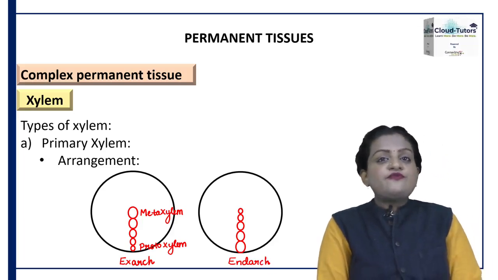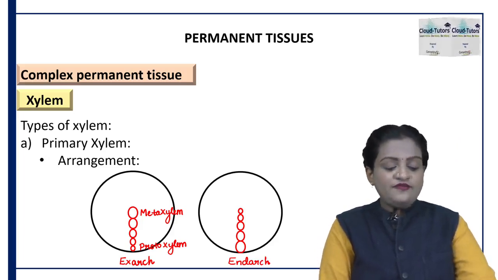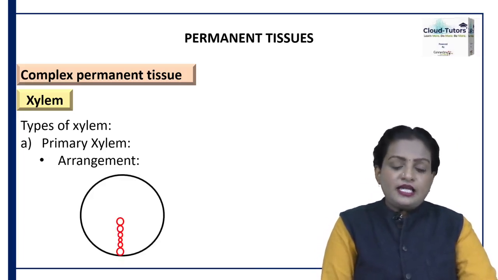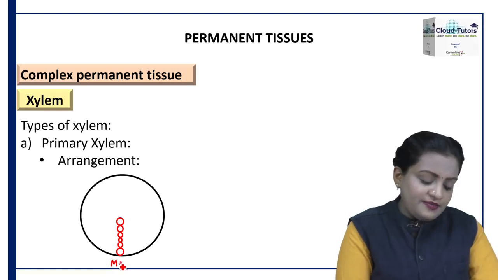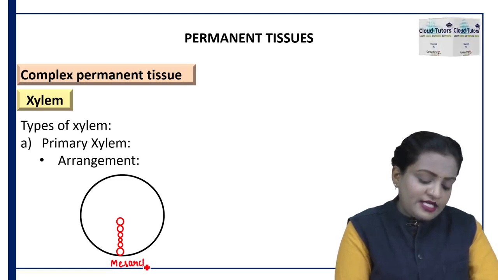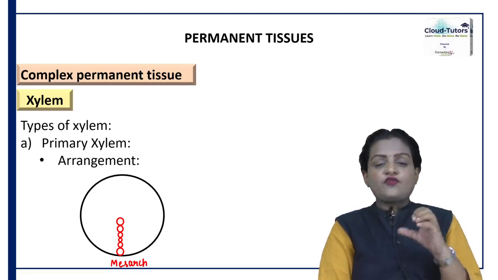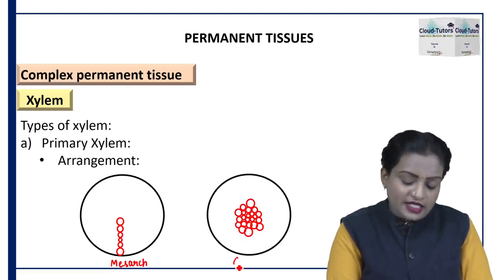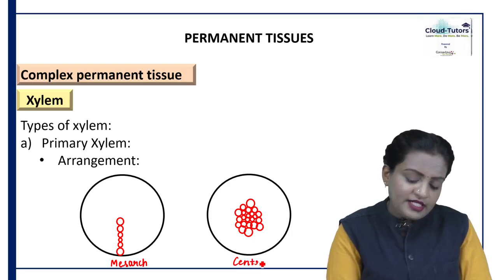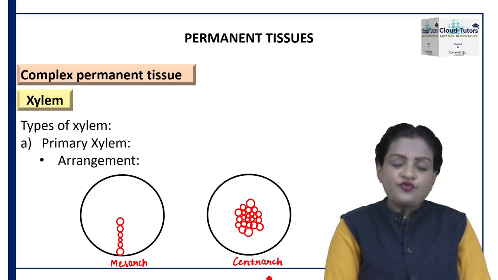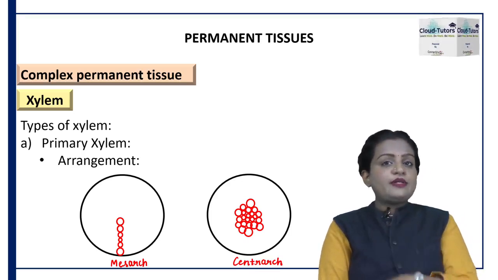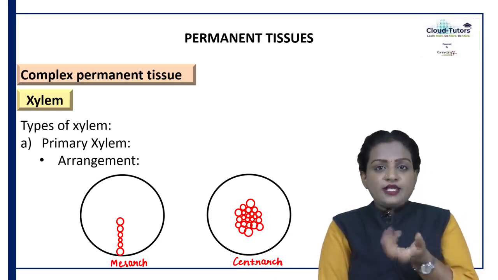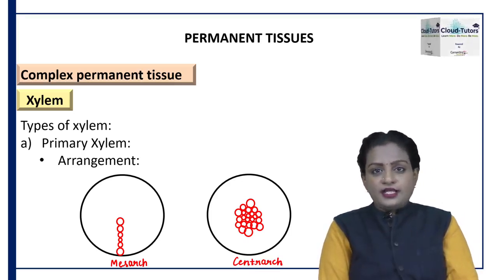Apart from this, in very few members of angiosperm plants, we can also see the other types, that is mesarch, wherein metaxylem is found on either side of the protoxylem. The last type is centrarch, wherein the central part of the xylem is occupied by protoxylem, the surrounding part is the metaxylem.